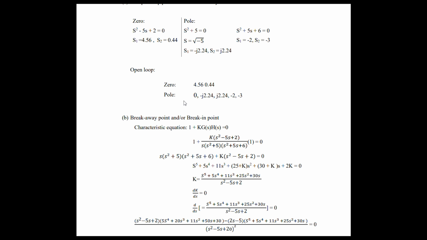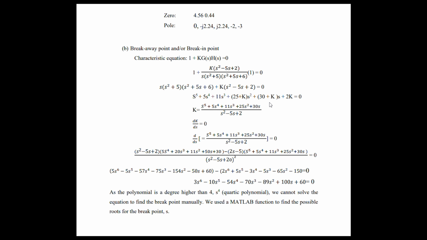So the zeros are 4.56 and 0.44. Poles, there are 4: 0, that is 2.24, 2.24, that is 2, and that is 3.